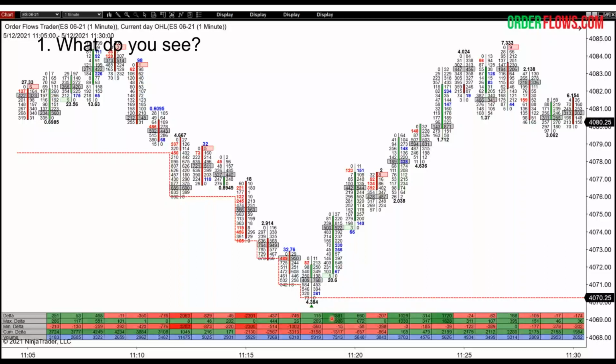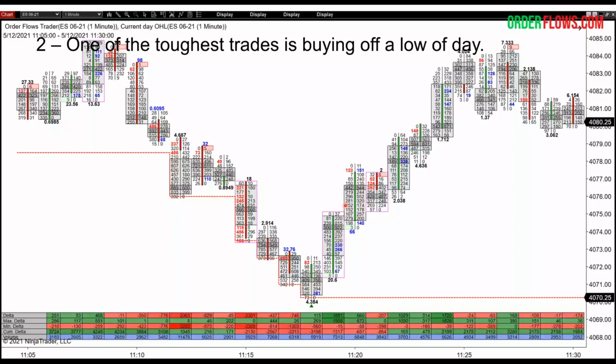And then you start seeing the deltas go from negative to positive, right? Now you're starting to see points of control move higher, right? Which is also bullish. And I'll be honest, one of the toughest trades to take is buying off the low of the day or selling off the high of the day. But when you're using order flow, when you start to add value areas into it, you get a better picture, right?